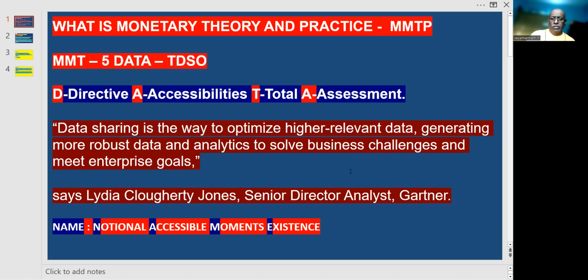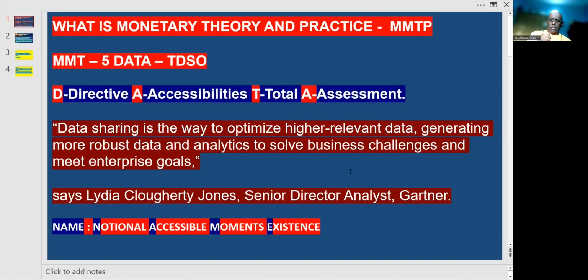After the last 500 years of how paper value was determined for our monetary system, the data is now stored in different ways and formats in computers and other digital accessibilities. Whatever the data sharing is, it is the optimum, highly relevant data. Whatever we gather, we can see the data in real terms.